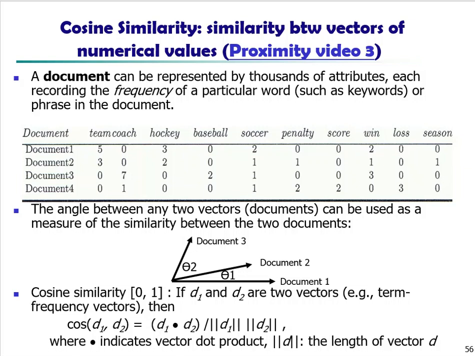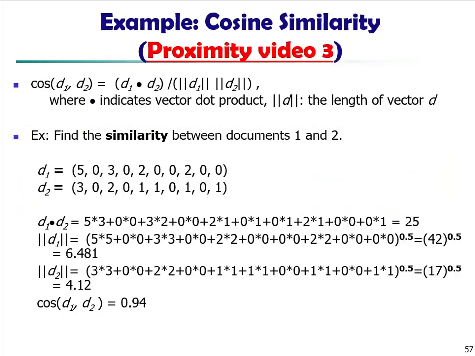To see an example, we have two documents, document 1 and document 2. The term distribution looks like this, and we will first compute the dot product. This is again either review or new things that you learn.